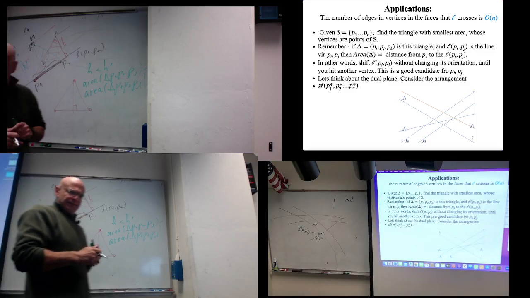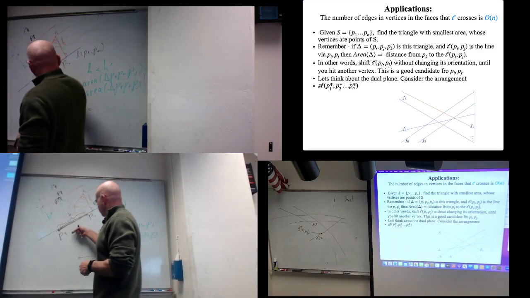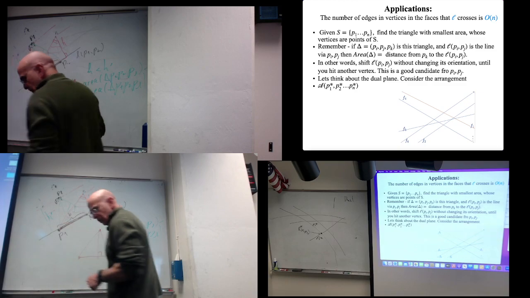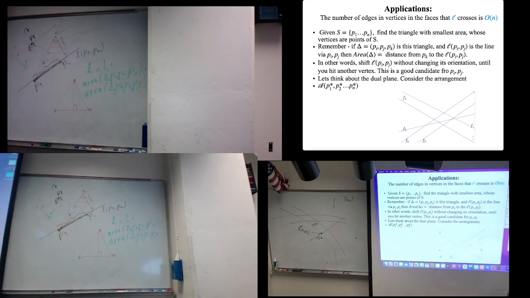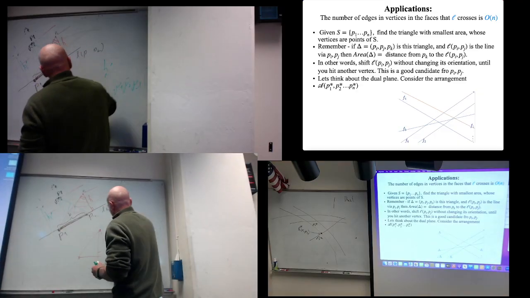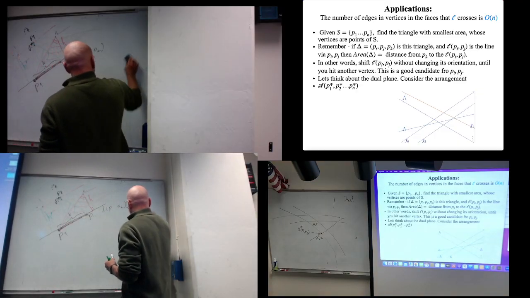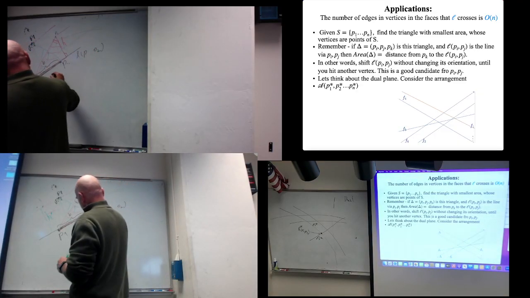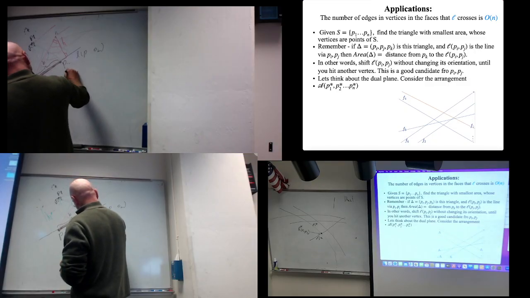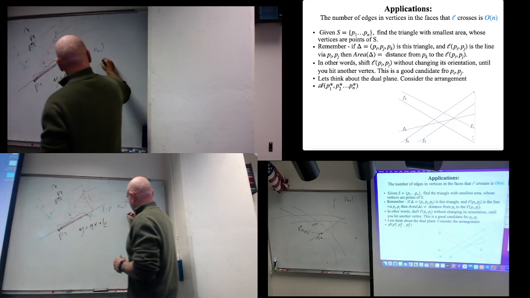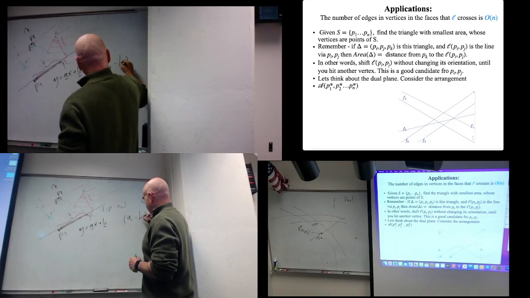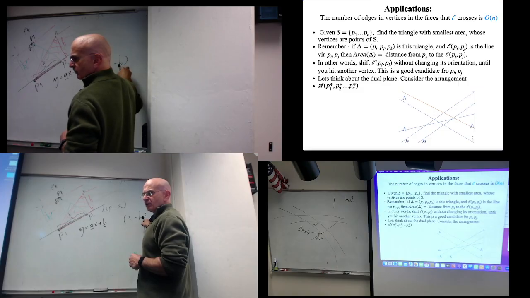Now, to remind you, how do I shift the line, or the formula of the dual? If I write this line as y equals ax plus b, then a and minus b will be the point which is the dual of this line.